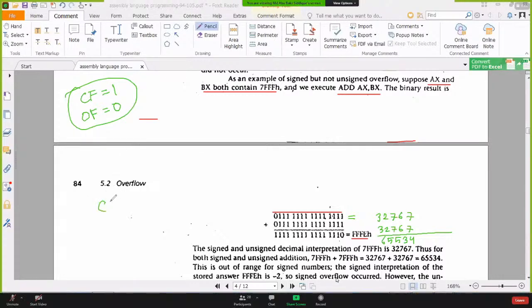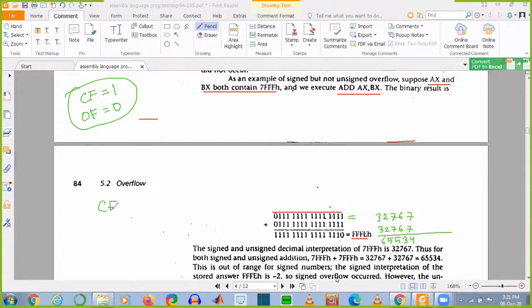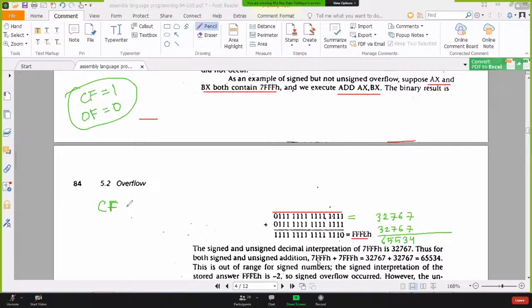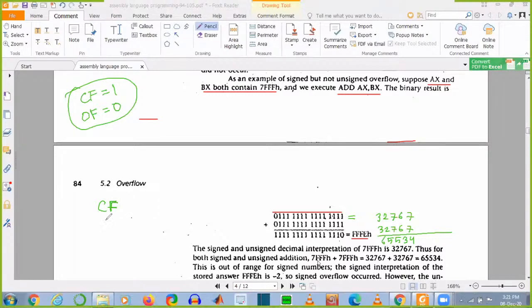So CF equals what, 0 or 1? CF is the carry flag. Carry flag equals 0 or 1? 0, sir. Exactly, the carry flag equals 0. That is totally correct.